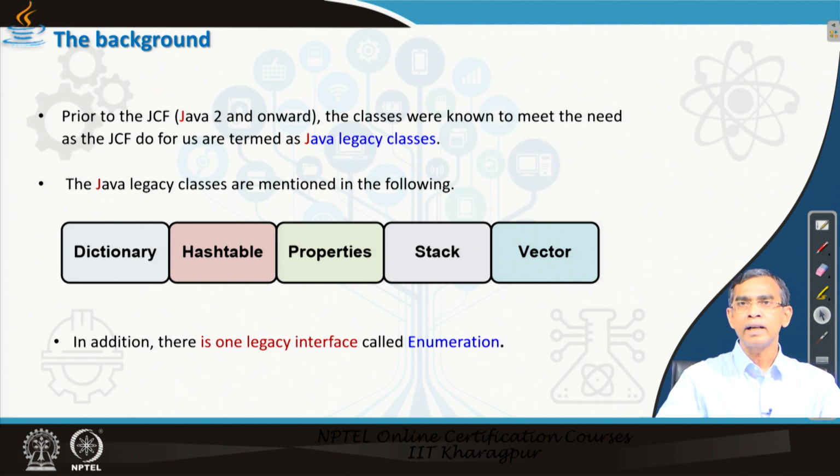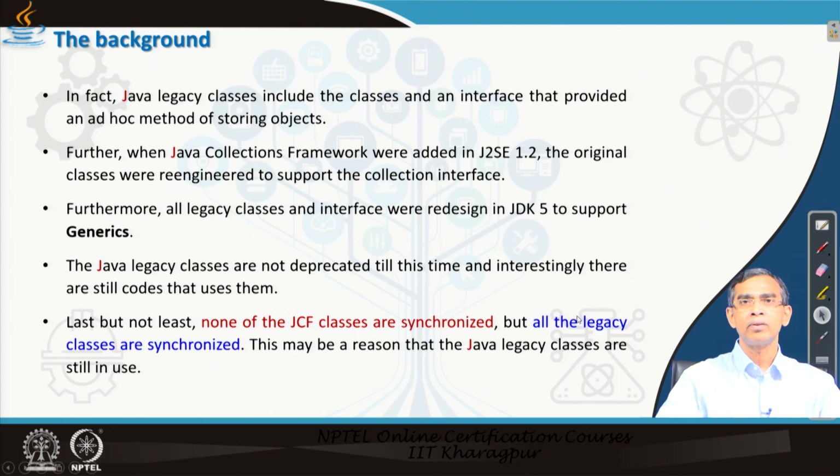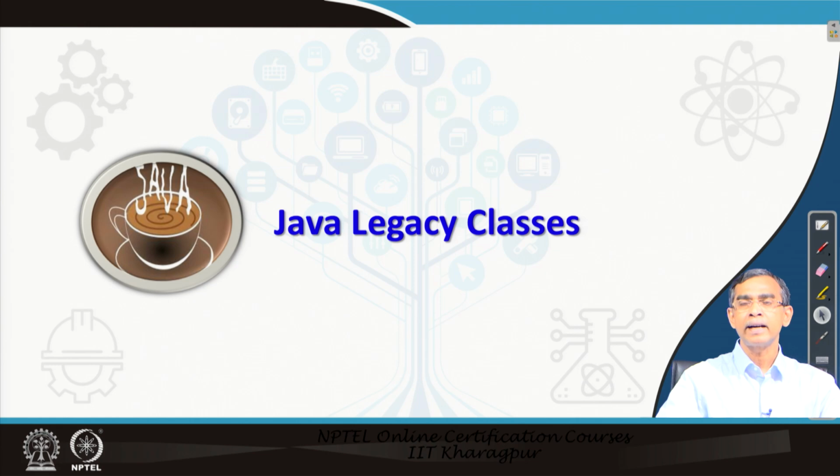As for interfaces, it is very simple and does not have many. All are classes, and only one interface is there, called Enumeration. This is the main important reason users still like it, not only because of its simplicity, but because it allows you to access the collection in a synchronized manner.